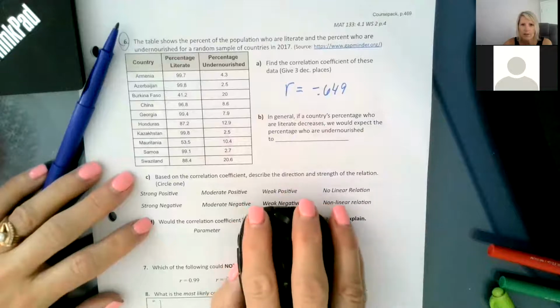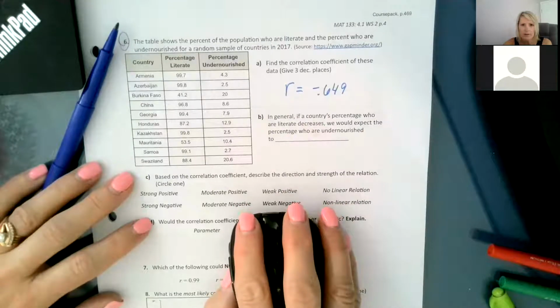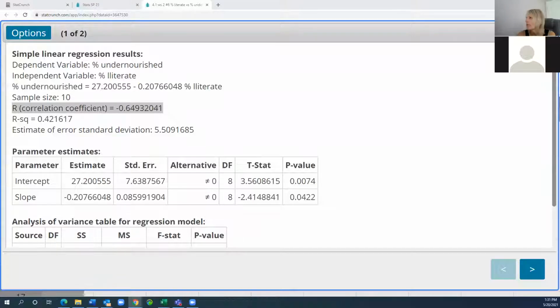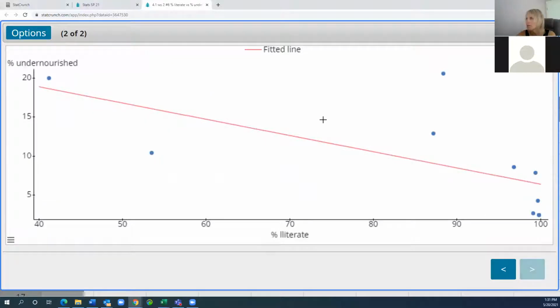So that's where I'm going to take you back just for a minute to StatCrunch, because I'm going to go to the second page. At the bottom right of your screen, if you click right, you can see my graph here. So as we increase the percentage of people that are literate, that can read, so over here to the right, these are the people that can read, where these countries have the majority of their populations that can read.